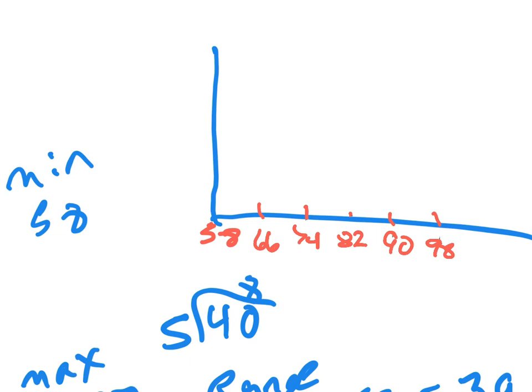So now I'll go back to my data up there. I didn't sort it, but that's your job right now. Looking at our data, how many are between 58 and 64? I heard somebody say 1.